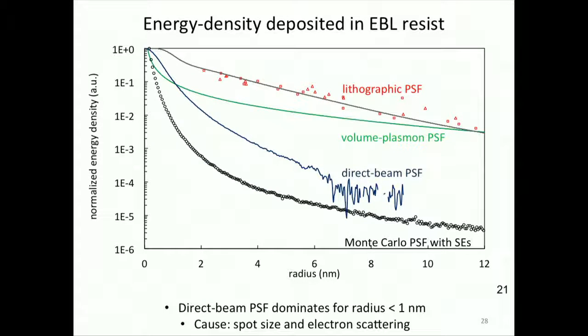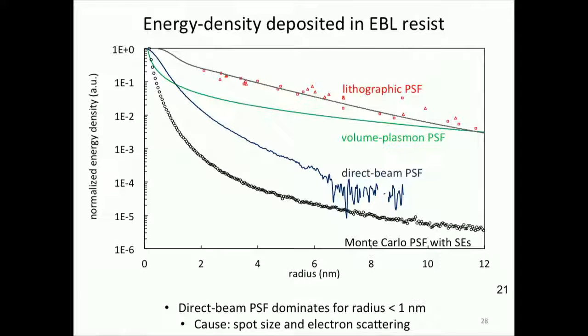Here I plotted again the volume plasmon PSF, the direct-beam PSF, and the Monte Carlo PSF, including secondary electrons. As you can see, the direct-beam PSF, around here on the top, is the widest component for radius smaller than 1 nanometer.